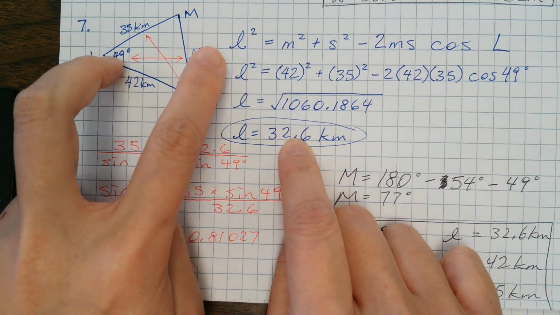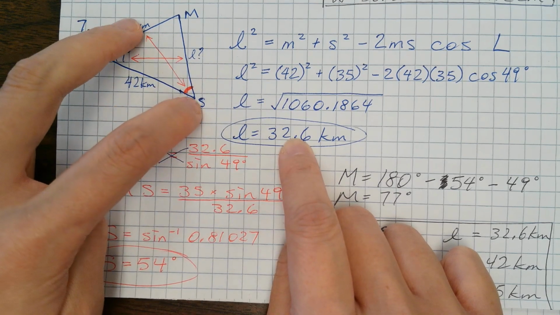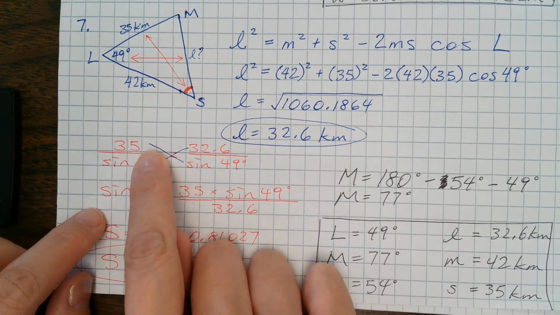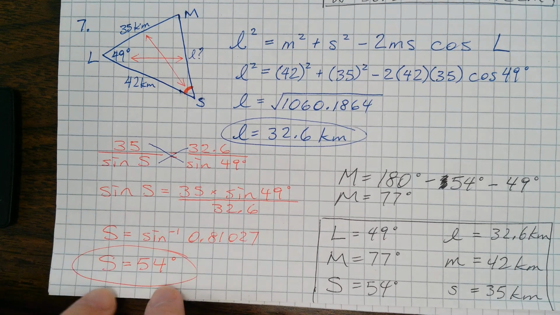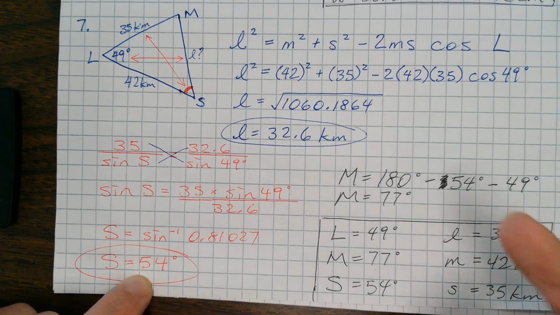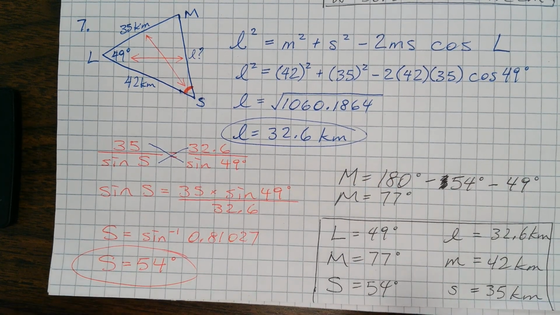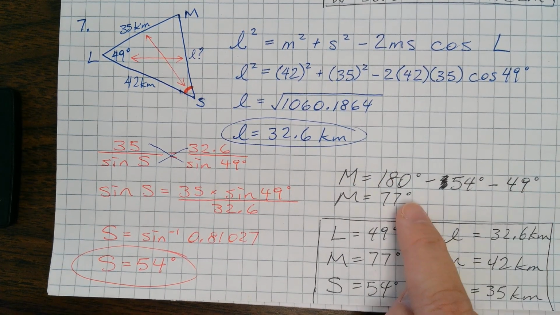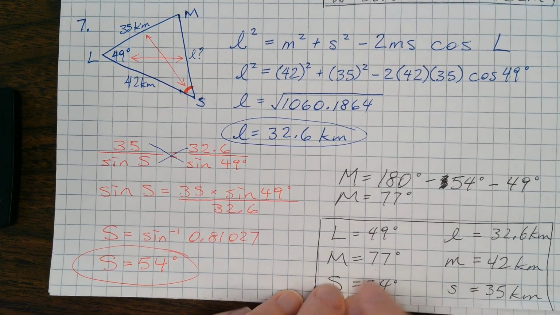So then I can do sine law because now I'm given this pair. I can do this pair to find out what angle S is. When I do that, for sine law, cross multiply and divide, I get 54 degrees. So then the third angle, do the simple method, 180 minus 54 minus 49, you get 77 degrees.